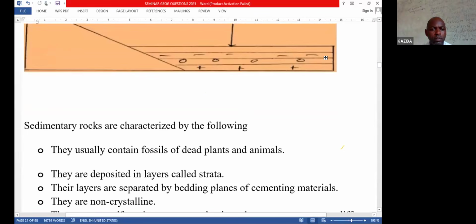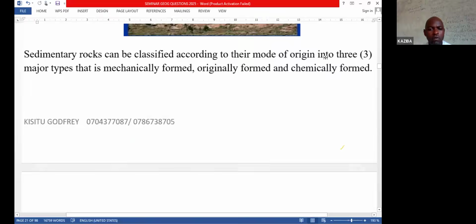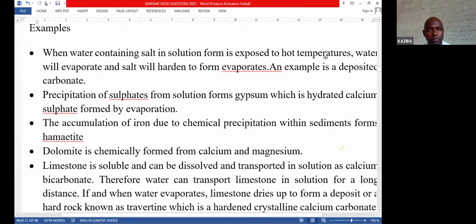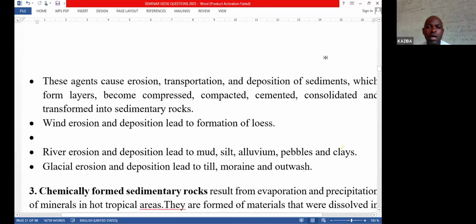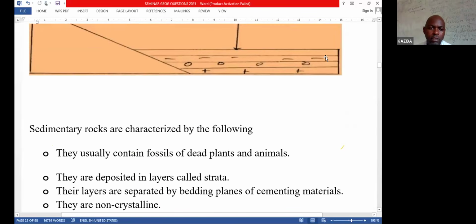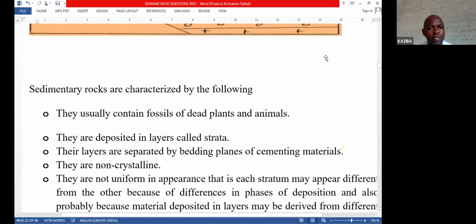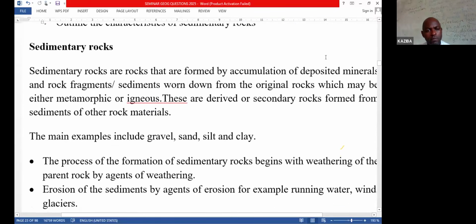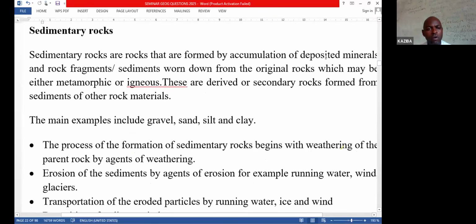Deposition of sediments in layers, stratification. Let's look at another question, which is on sedimentary rocks. You can say, write for me this question: To what extent are sedimentary rocks of organic origin?